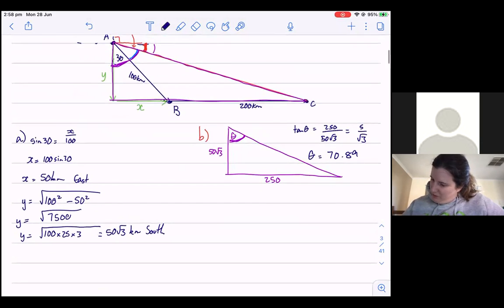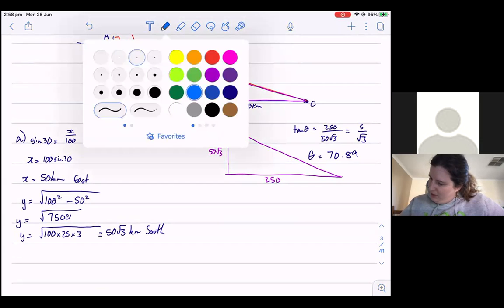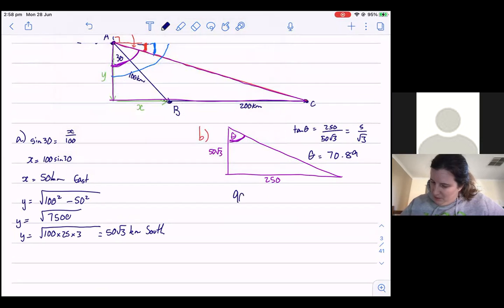Which means this extra bit is going to be 90 minus that, because all of these add up to 90. So 90 minus 70.89 is 19.1066 degrees.